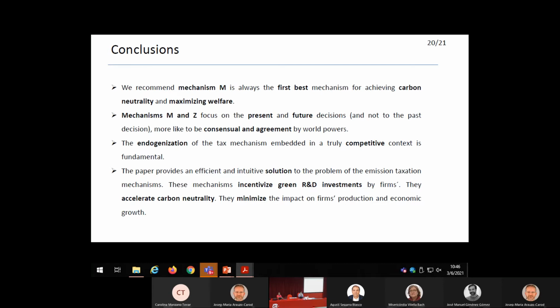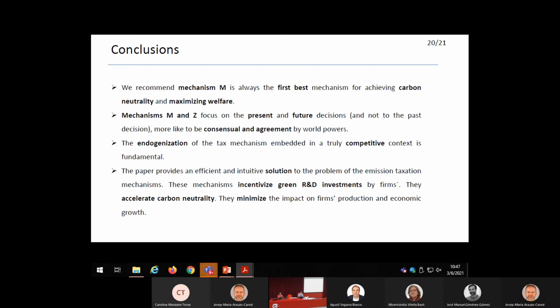And besides, mechanisms M and Z focus on the present and future decisions, not the past decisions, and they are more likely to be agreed by world powers, like America, the EU, and China. And the indigenization of the tax mechanism embedded in a truly competitive context is actually fundamental.